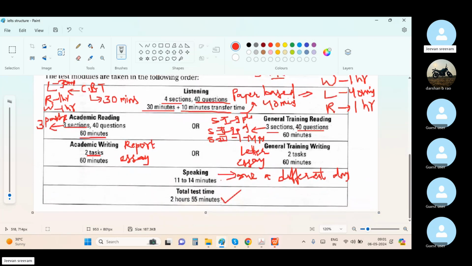So most of my students were able to get better scores on the computer-based test than the paper-based test. That's why I always recommend the students to go with the computer-based test. You have to get used to it.